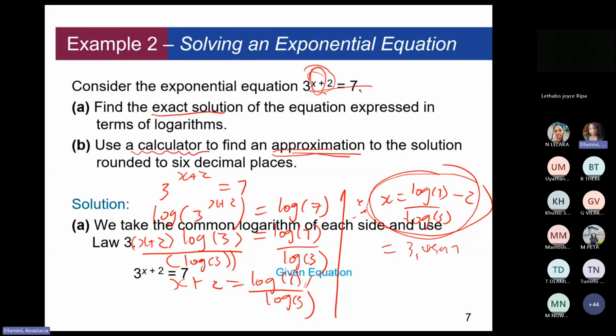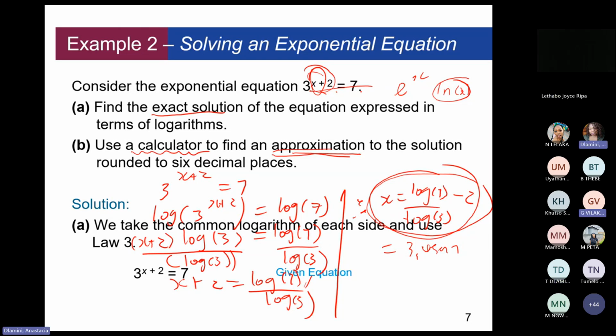So it is more appropriate to use the log function than to use the e, because we only know that the inverse of e is ln. So that's why we didn't use ln. Instead, we use log, for as much as you might have gotten the same answer. But we need to continue to say, every time you see an exponential, use log. That's more appropriate. Do you see that?